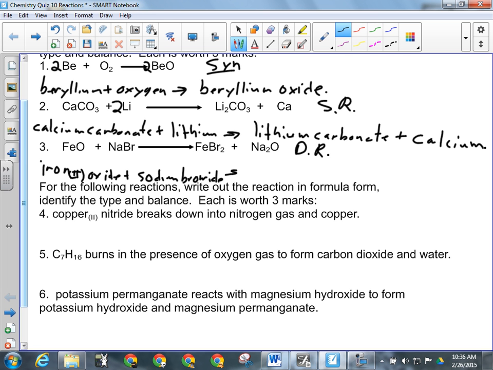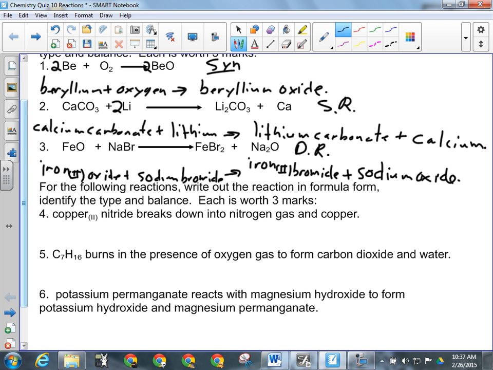And that will produce iron 2 bromide, and sodium oxide. It has to look like mine, guys. There cannot be any mistakes on any of the names to get that naming mark.